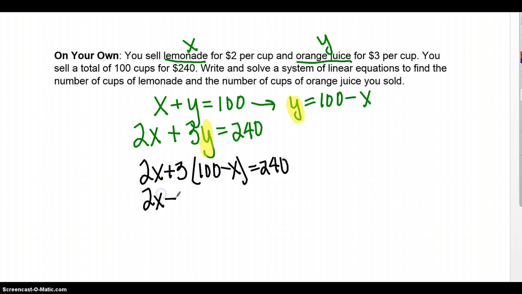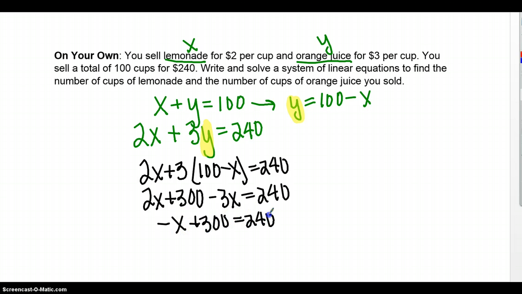If I distribute this 3, I have 300 minus 3x equals 240. Combine my like terms, 2x minus 3x is negative x. And then I need to subtract 300 from both sides. And I have negative x is equal to 240 minus 300, which is negative 60.